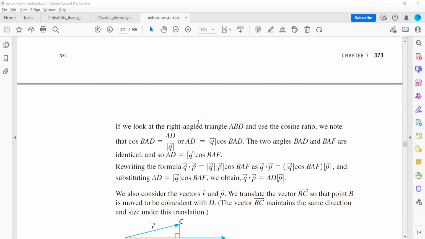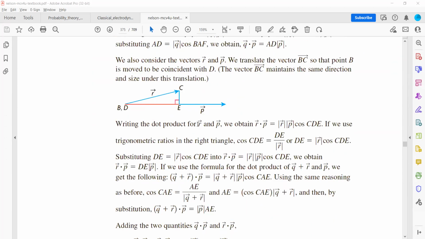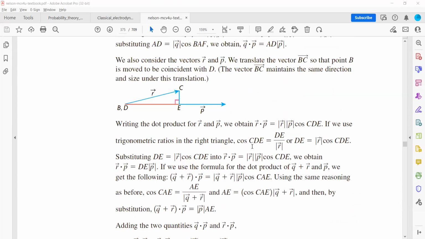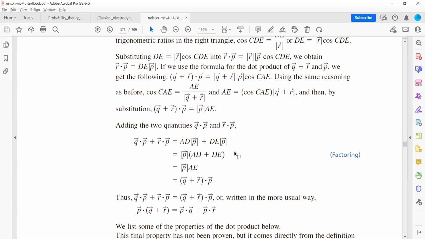We had one more. And it's supposed to be here. Sorry. Yeah, dot product of R and P is DE times modulo P. And you see, we have modulo P everywhere. Modulo P, modulo P, modulo P.